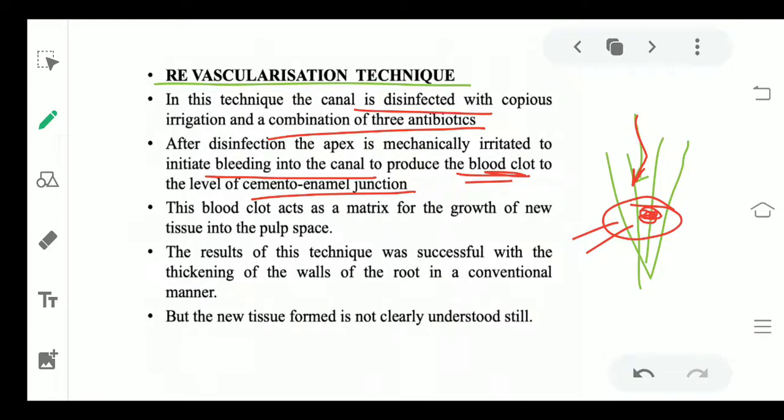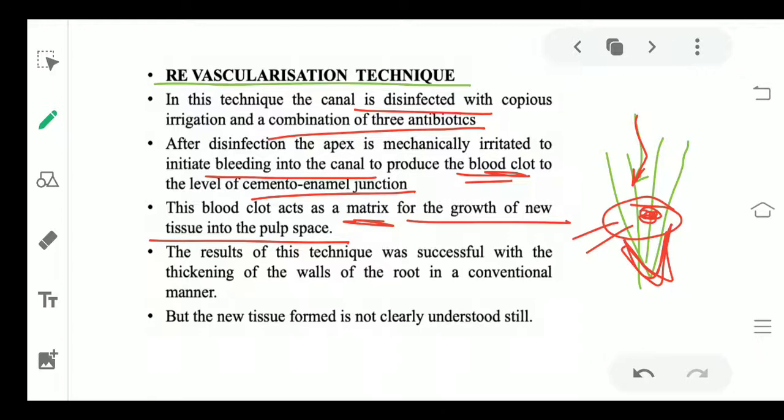This blood clot will act as a matrix for the growth of new tissue in the pulp space. So this will help in joining the apex back. Okay, this is what we want. We want to seal the apex, and this blood clot will induce this whole process.